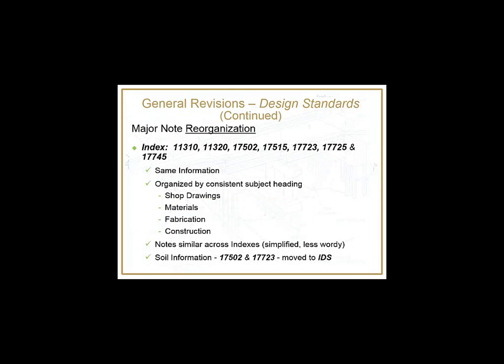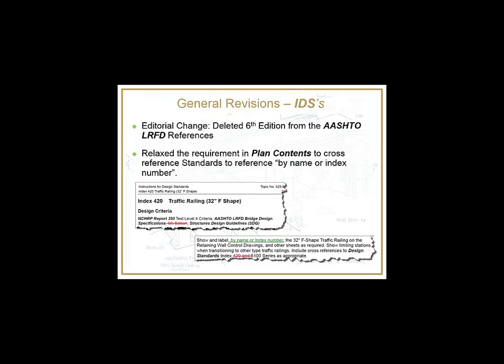Some of the design information, specifically the soil information, was removed from the lighting standard to the instruction for the design standards. We also went through and removed all the edition numbers for the design specifications. Every time AASHTO releases a new update, we don't want to go in and update the header information for the design criteria.